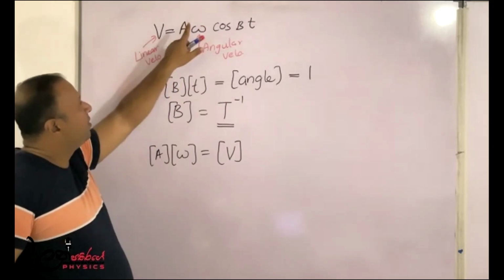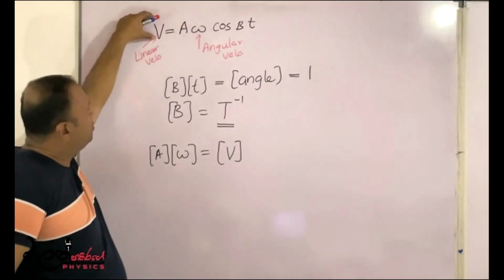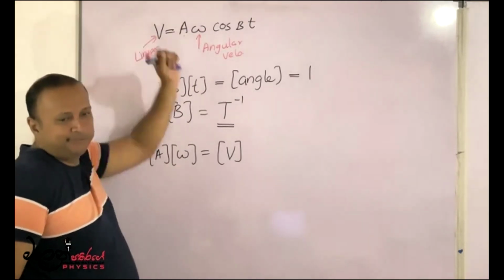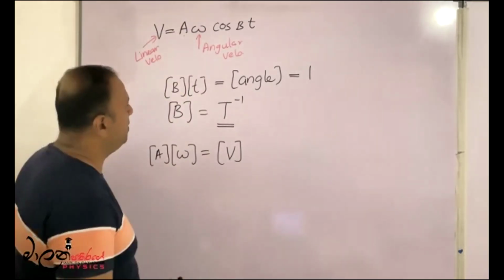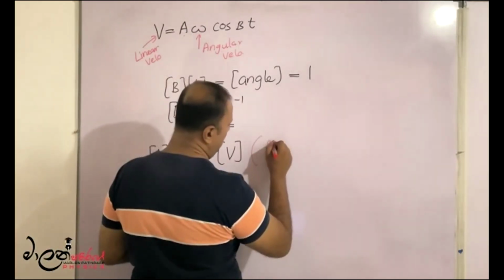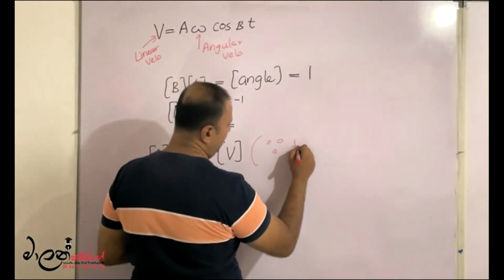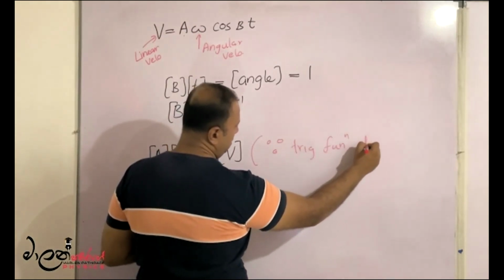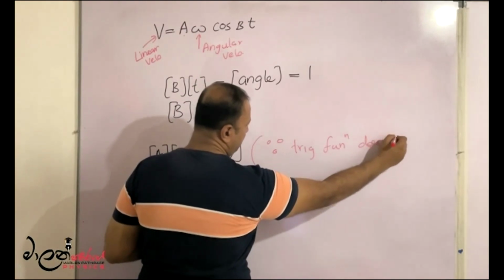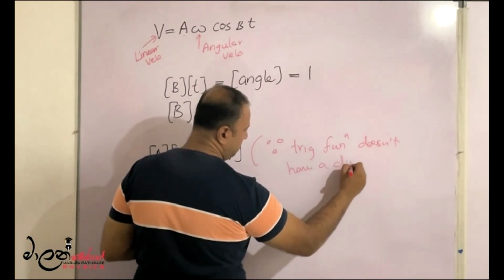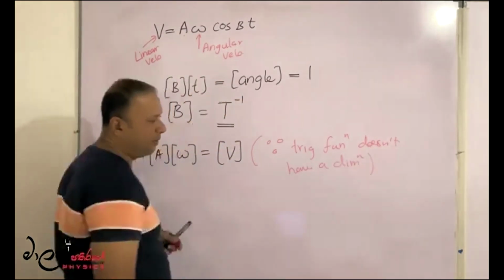So the dimension of A omega should be equal to the dimension of V, because the trig function doesn't have a dimension.